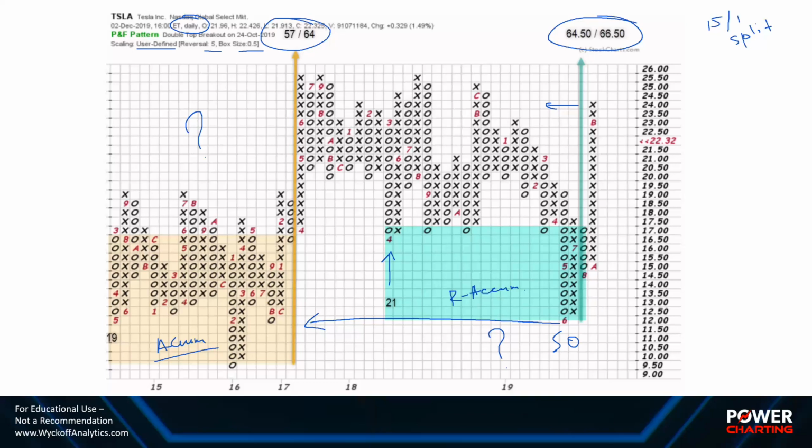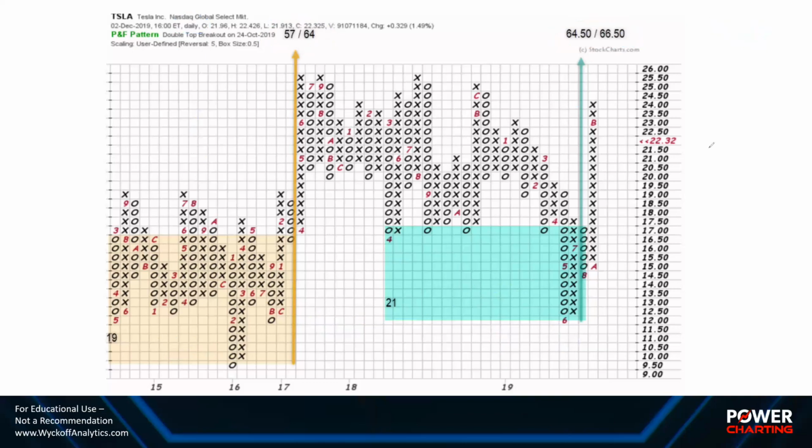These are very, very effective. And what this does is it gives us a timing tool, because when the reaccumulation count approximately equals the accumulation count that's lower, that's often when the new rally starts. So that's a lot to digest on this chart at one time, but those are effectively the ground rules.